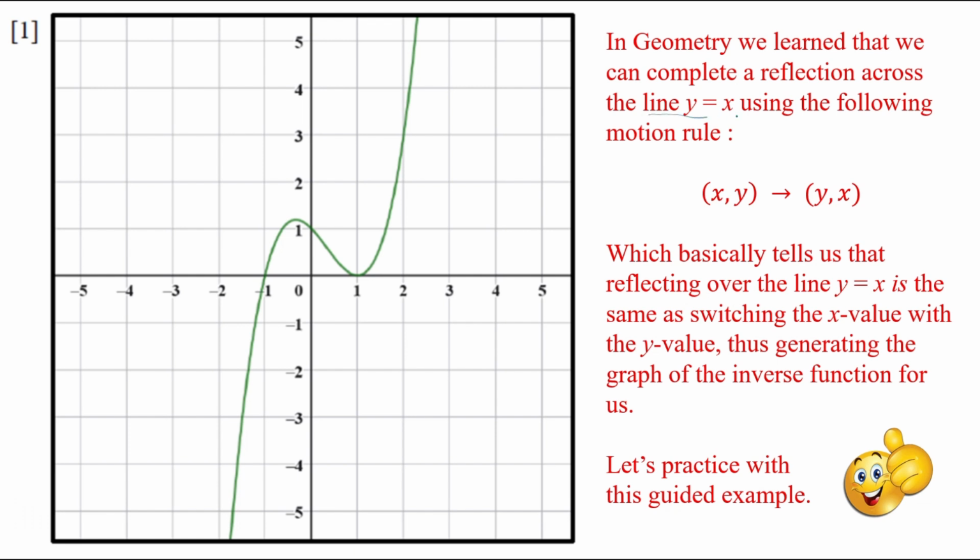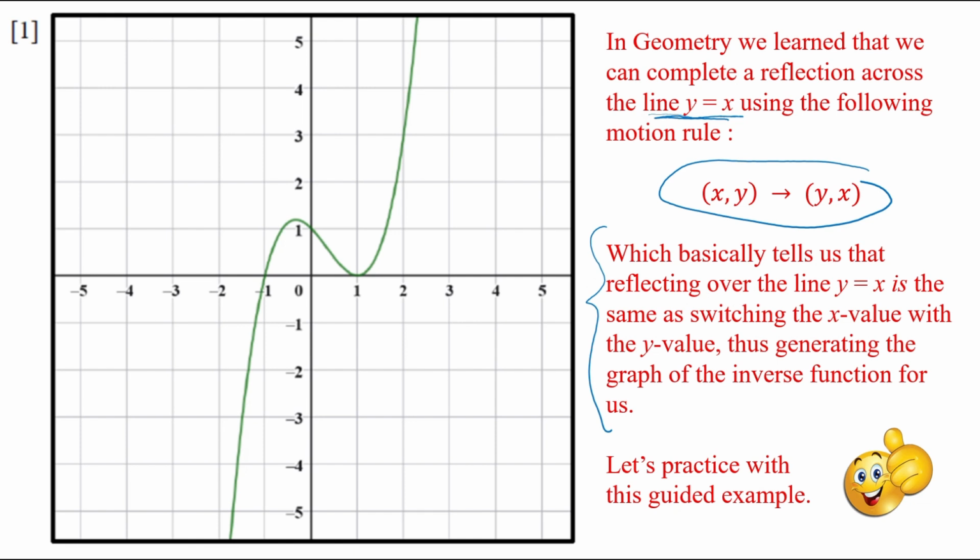So when you reflect across the line y equal to x, we have this motion rule that says we can do this geometrically, or we can do this by taking points with xy coordinates and switching them to their yx version. And that's basically what we've been doing in class when we talk about generating inverses.